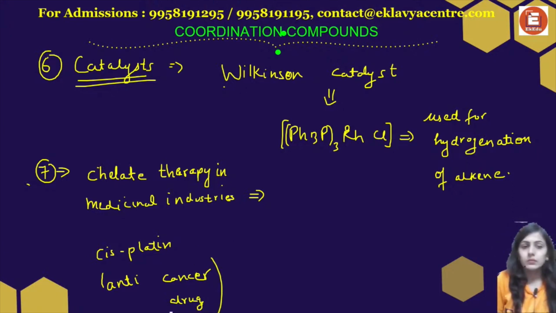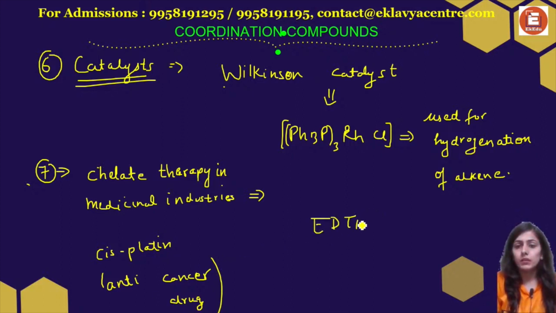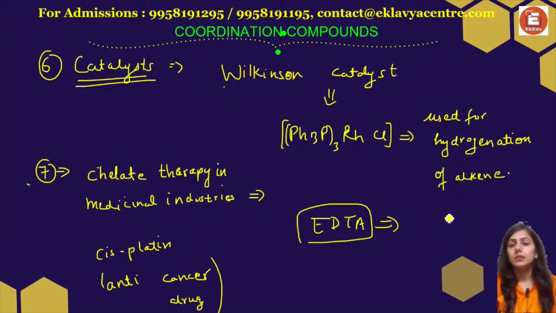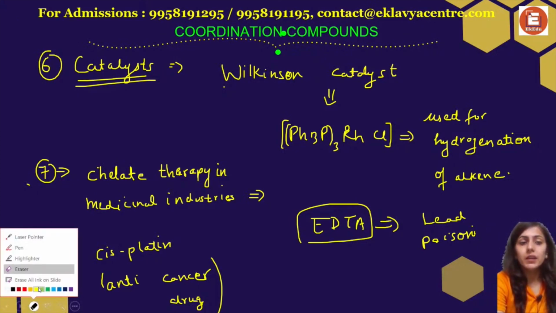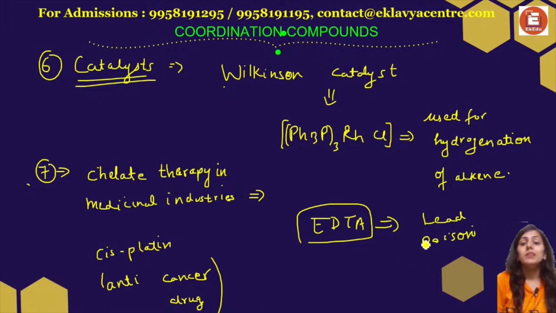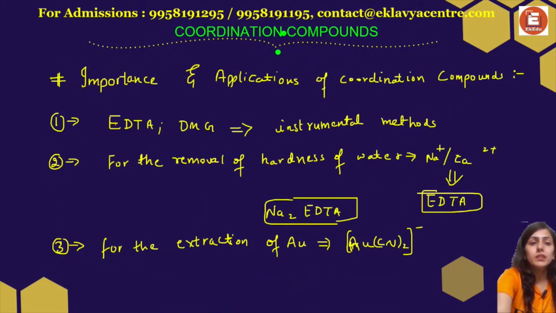We use EDTA for the removal of lead poisoning. Other uses you can read from your book. For the removal of excess iron ions, you use penicillamine. So these are the uses of coordination chemistry.